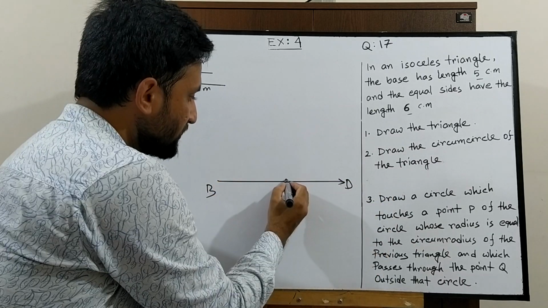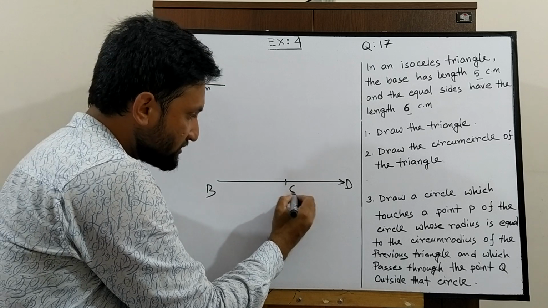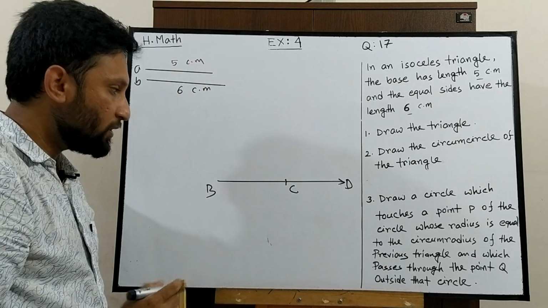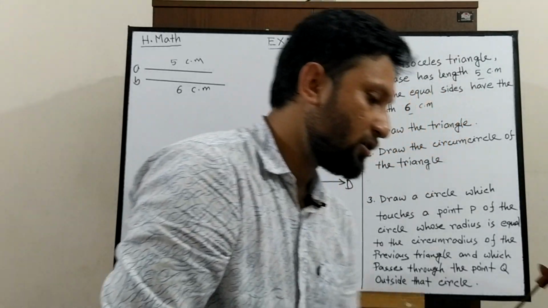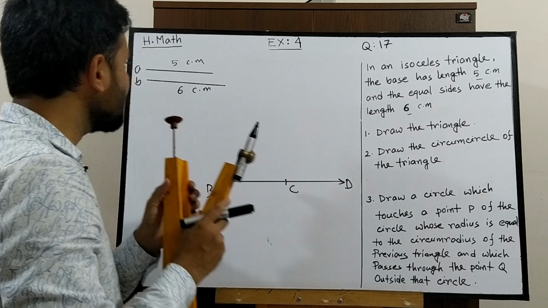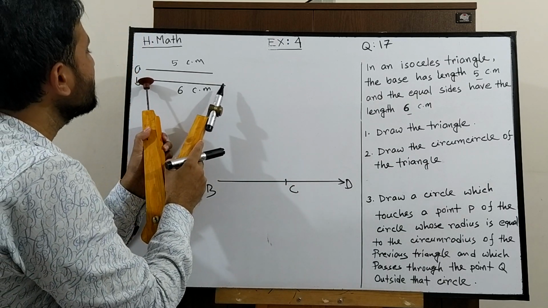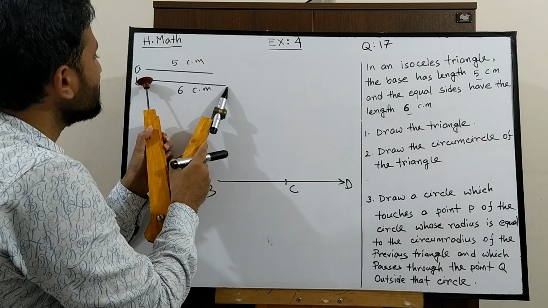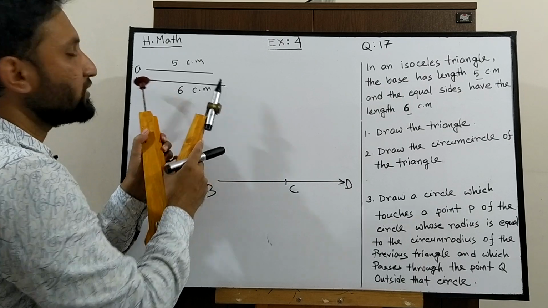Mark this 5 cm distance, and mention this is B and C. Now the equal side length is 6 cm. Now by using the compass, cut the measure equal to 6 cm.